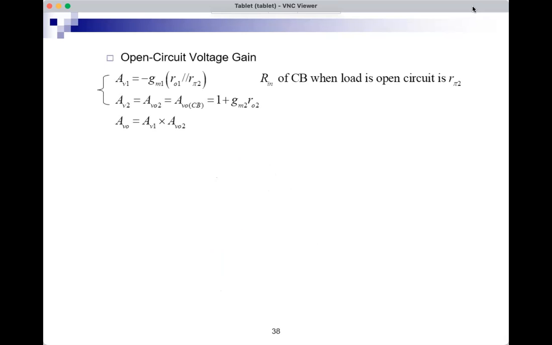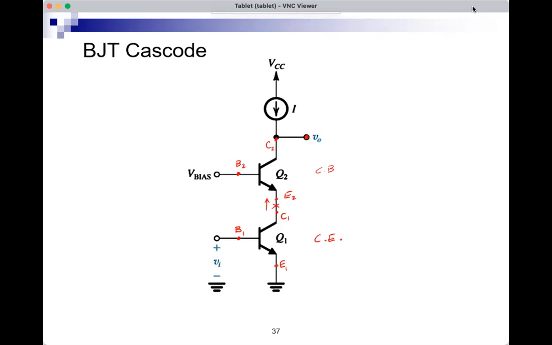So the open circuit voltage gain, for example, let's analyze it as a common emitter. From the formula sheet we get that the gain of common emitter is minus gm1 times RO1 in parallel with whatever appears between collector and ground.